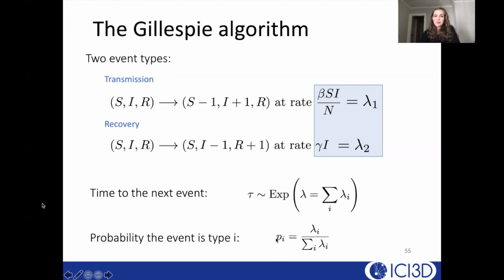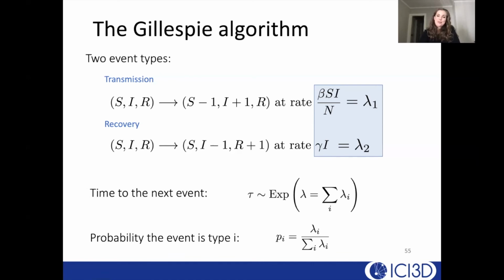So the probability of transmission is lambda 1 over lambda 1 plus lambda 2. The probability of recovery is lambda 2 over lambda 1 plus lambda 2. It makes sense. Those are the only 2 types of events. If you add them together, the probability that your next event is one of those 2 events is 1.